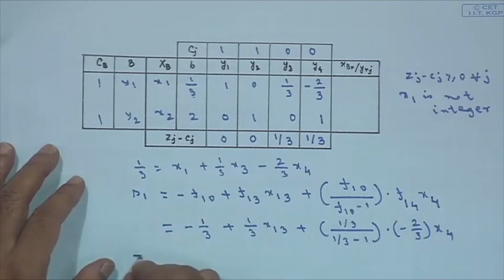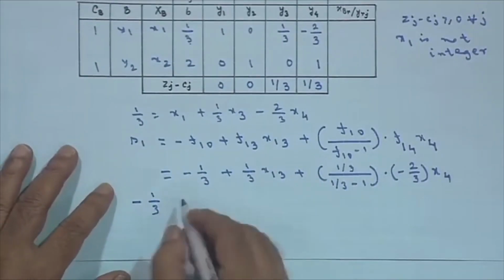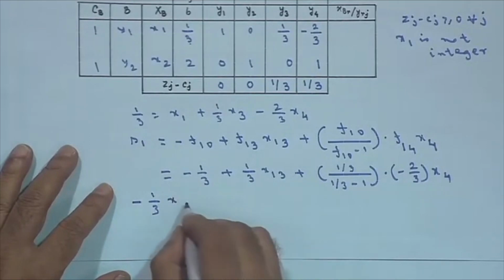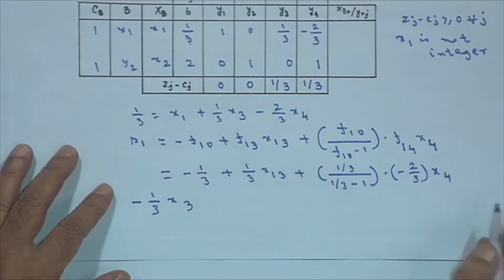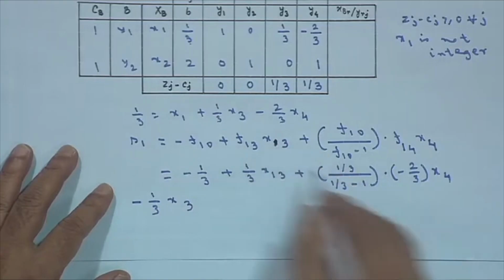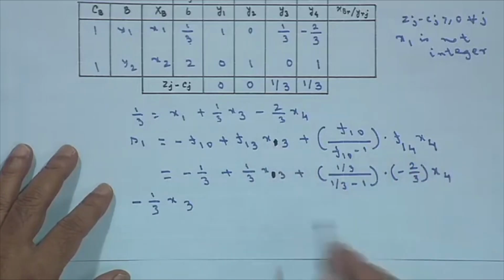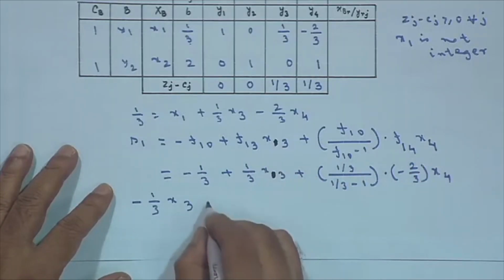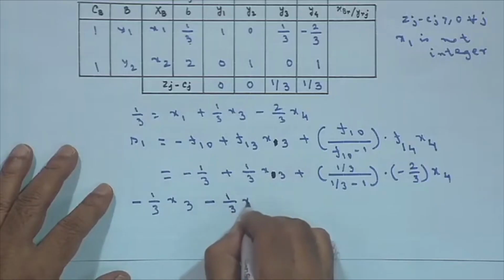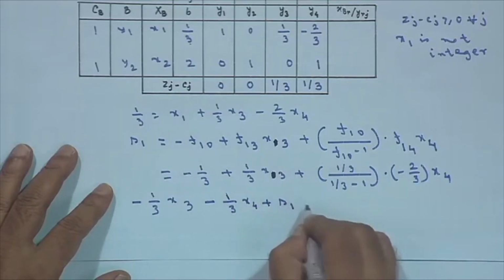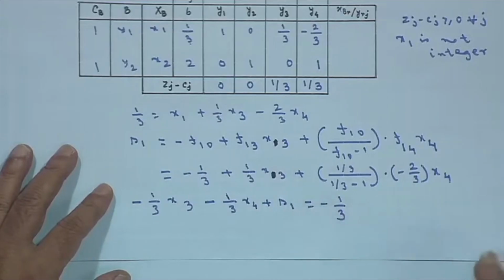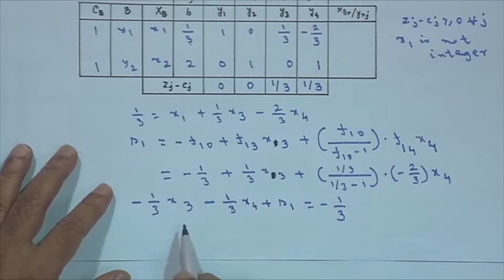By simplification, I can write it as minus 1/3 x3 minus 1/3 x4 plus S1 equals minus 1/3. This is x3, not x13. So, using the Gomorian slack variable S1, you are adding this constraint.